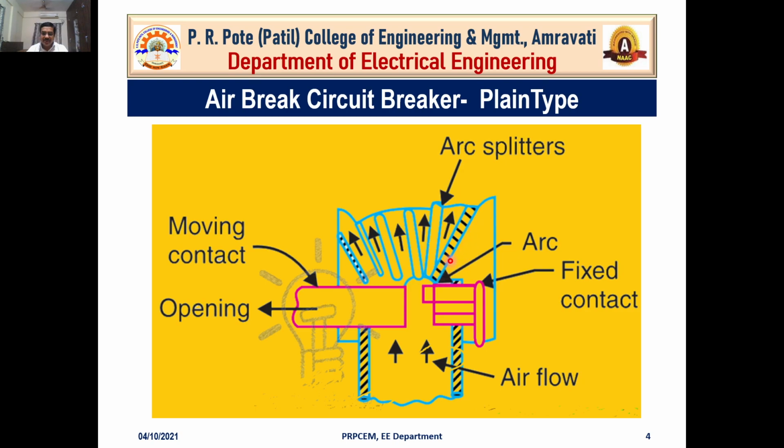So here we have already given a path, with the help of the horn gap, in which direction this arc should move. The arc enters the arc chutes, where the arc splitters are, and the arc is split. This way the arc is lengthened, and it is possible for you to clear the fault, or quench the arc, as quickly as possible.